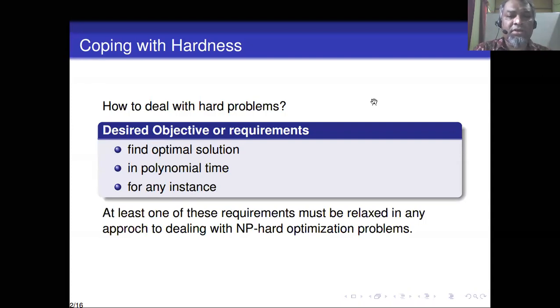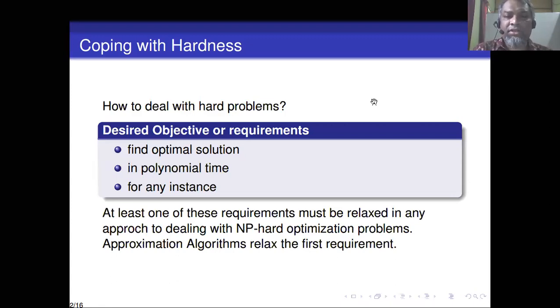And in the case of an approximation algorithm, we relax the first requirement, that is, the optimal solution, and we want to find a near optimal solution, but the algorithm should run in polynomial time and it should work for any instance. So an approximation algorithm is an algorithm which gives a near optimal solution, and it must run in polynomial time and it should work for any instance.